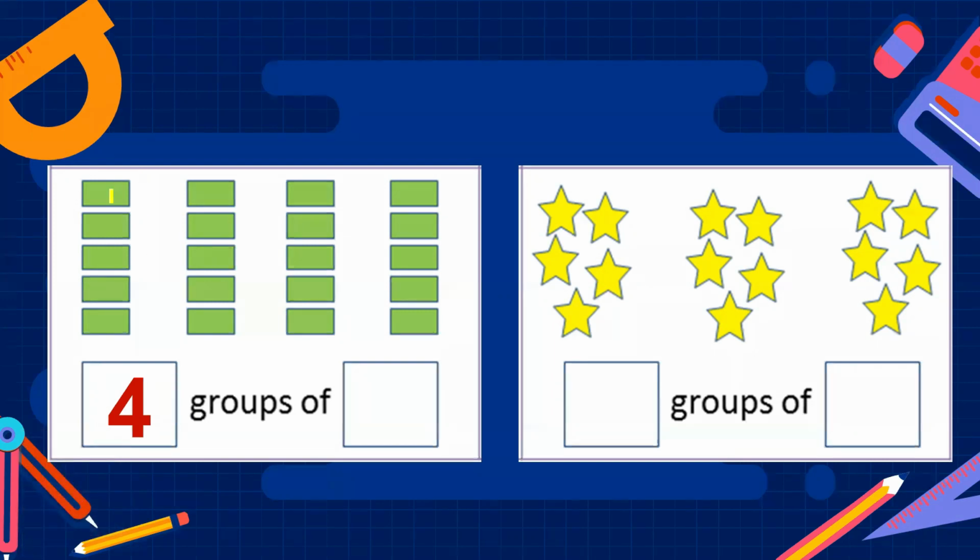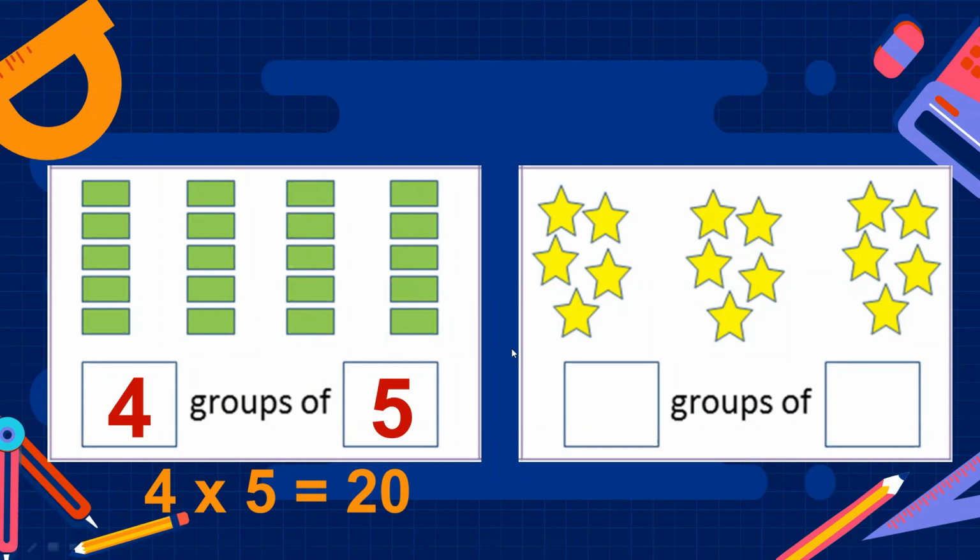We have 1, 2, 3, 4, 5. So that's the first group. The second group, 1, 2, 3, 4, 5. The third group, 1, 2, 3, 4, 5. The fourth group. So therefore, 4 groups of 5. Or we can say 4 times 5 equals 20.